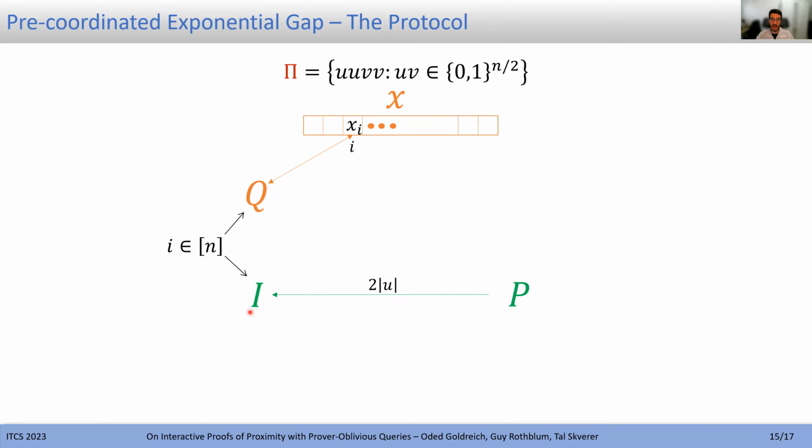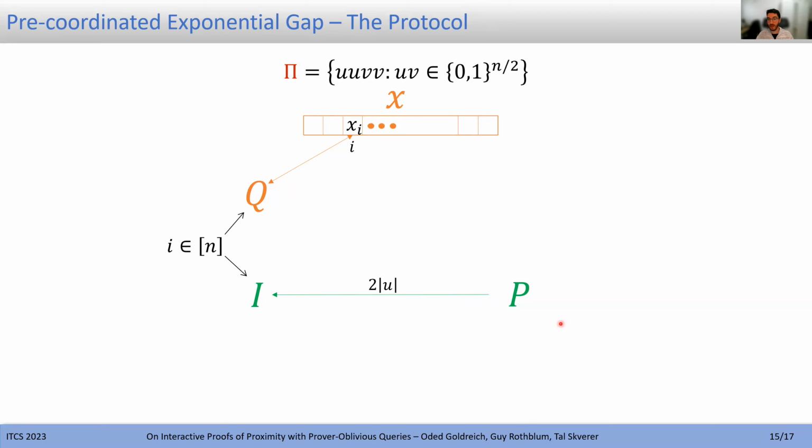So I knows little i and the matching position of little i under this cut to U, but the issue is that it cannot communicate this matching position to Q in order for Q to query X. So instead, we'll ask the prover to provide us this location.